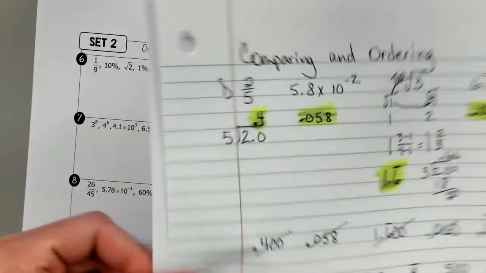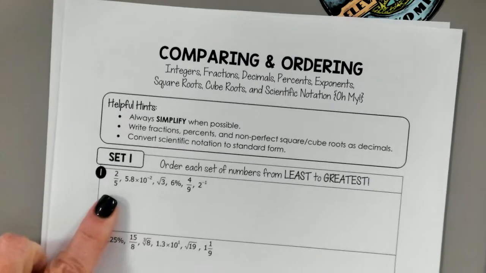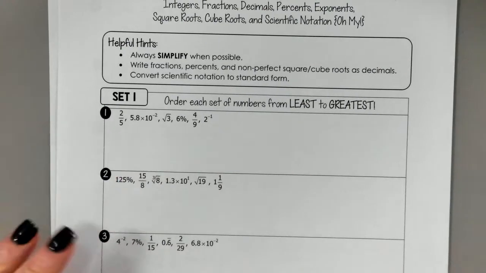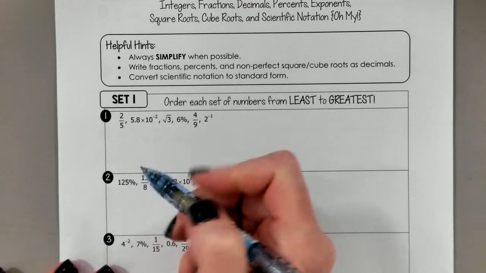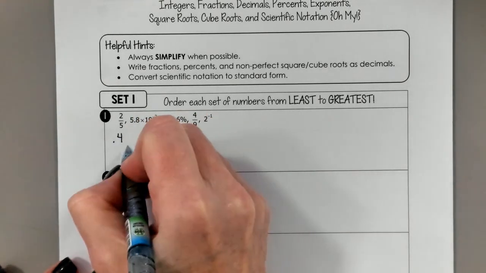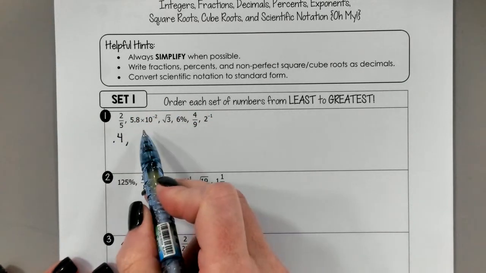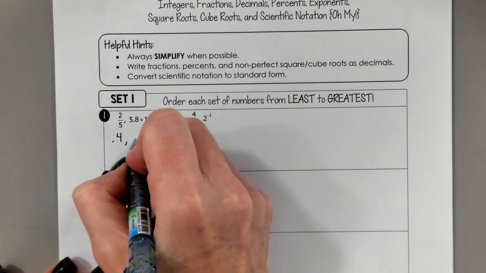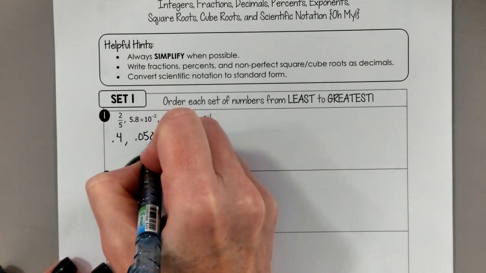Okay. Now, let's get it on this paper. Number 1. So we said 2/5. Let's write it with our decimals. So 2/5 we said was 0.4. We said the 5.8 times 10 to the negative 2 was 0.058.